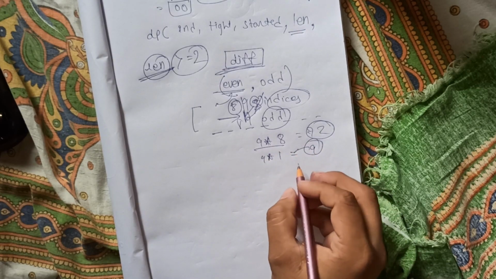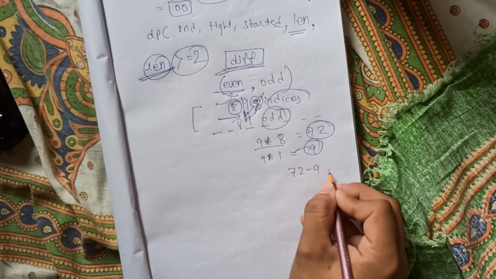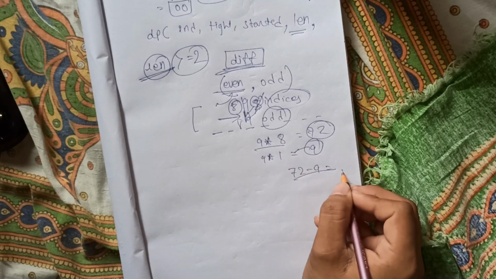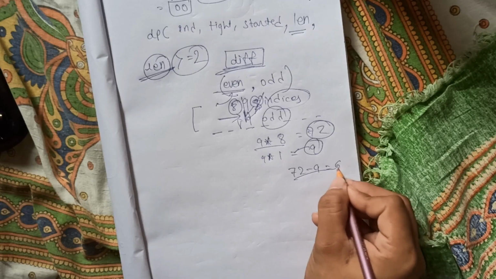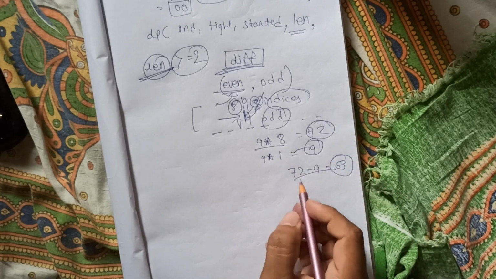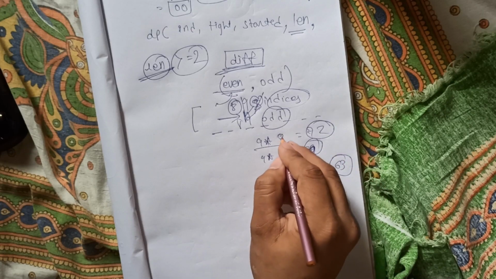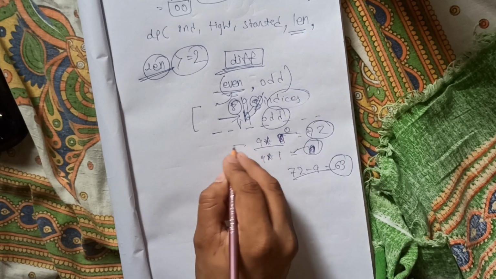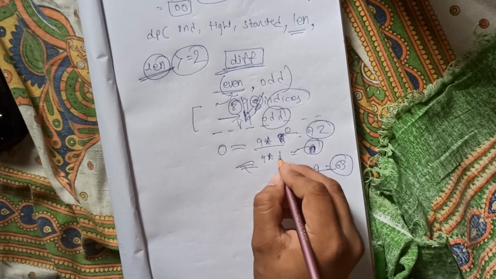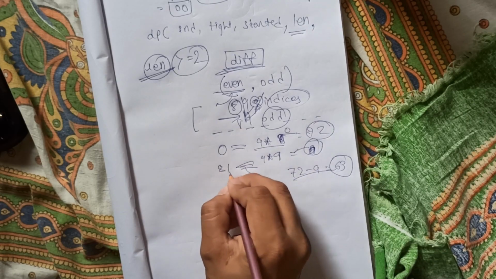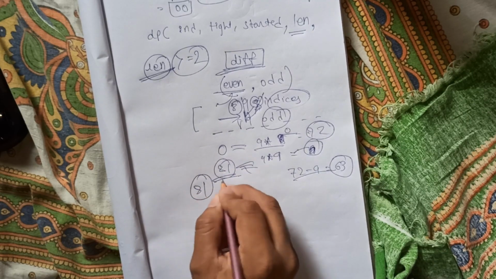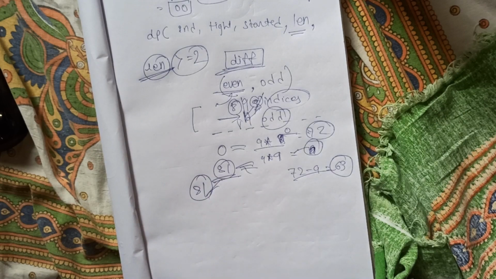So the lowest value could be 72 minus 9, which is 63. And there might be a case where you picked all this value and this you picked at 0, right? So 9 into 0 is 0, and you made it as 9, so you are picking all upper values, so it will be 81. So at worst case your difference array won't exceed 81, right?